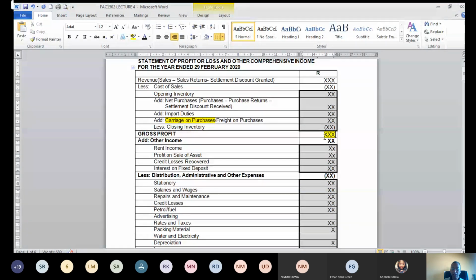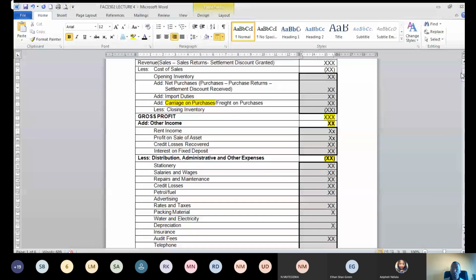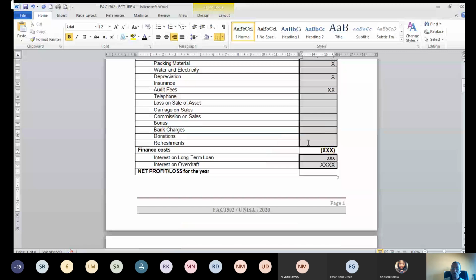You add your heading for other income. You subtract your distribution, administrative, and other expenses. You subtract your finance costs. And the answer that you will get over here, first get your answer. That is the answer to this statement.